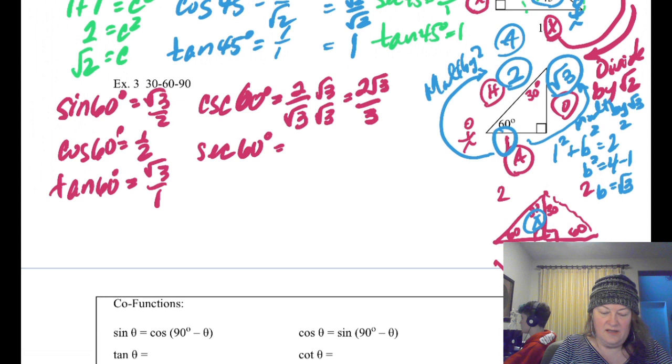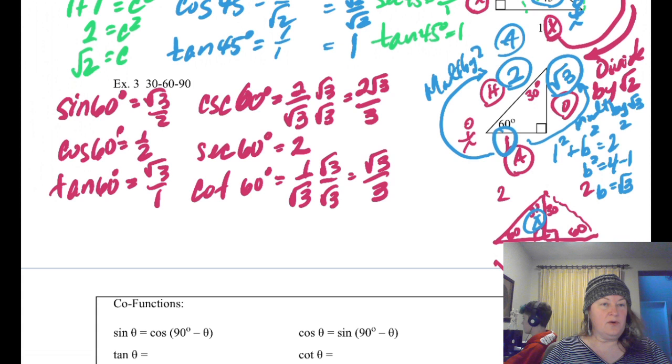All right, before we switch over to the other page, I want you to notice something here, and that is I decided to stand at the 60-degree mark. So had I decided to stand at the 30-degree mark, would sine of 30 be the same as sine of 60? Well, sine of 30, if I'm standing up here, would be O over H. And if I'm standing at the 30, O is now the 1 and H is now the 2.